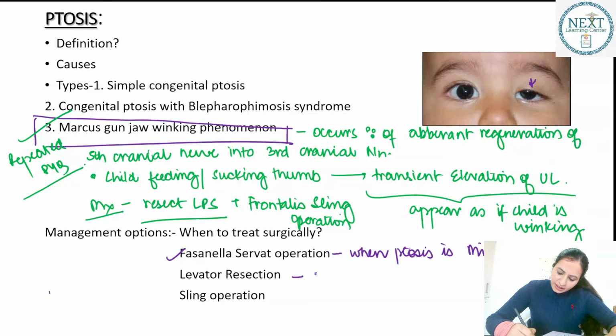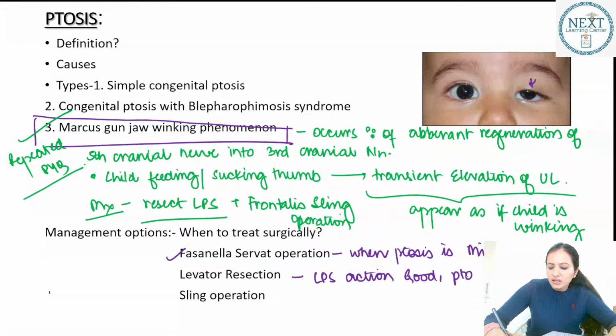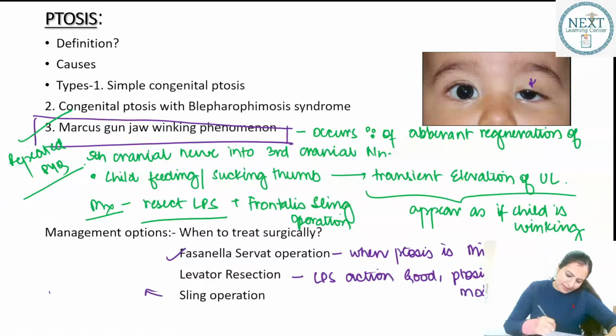Levator resection is done when the LPS action is good and the ptosis is moderate. Sling operation is when your LPS action is bad. Then you don't use the LPS for surgery and your ptosis is severe.